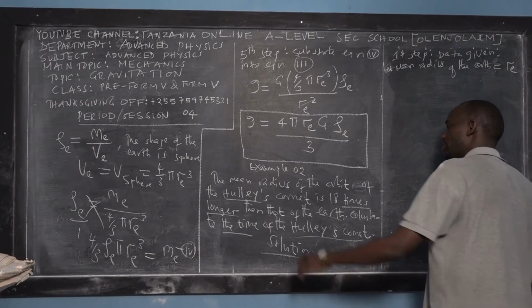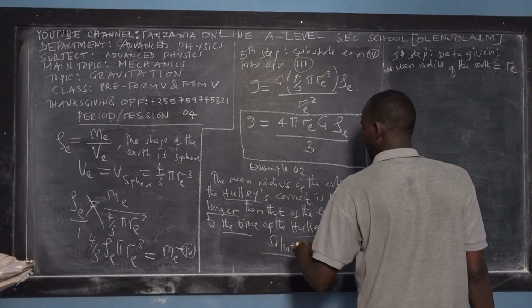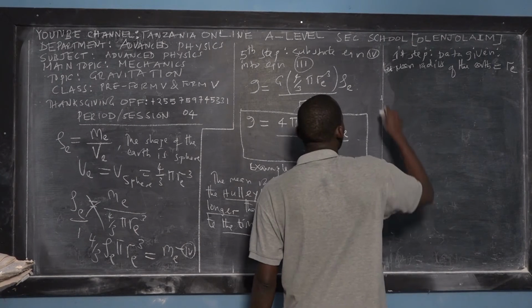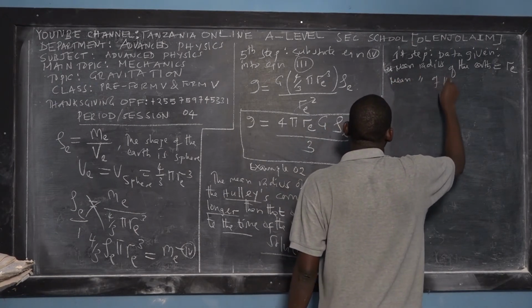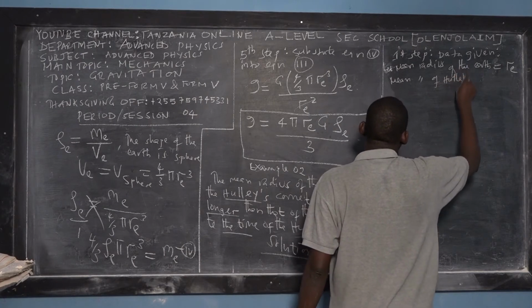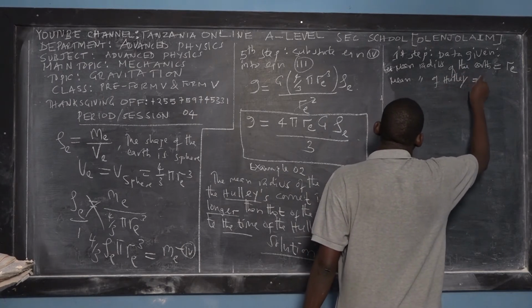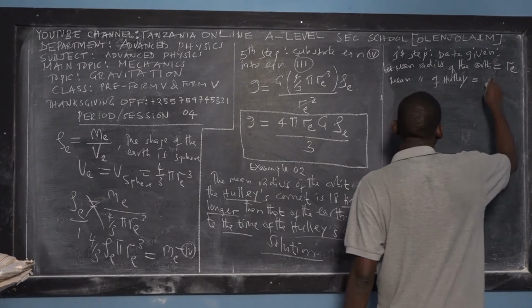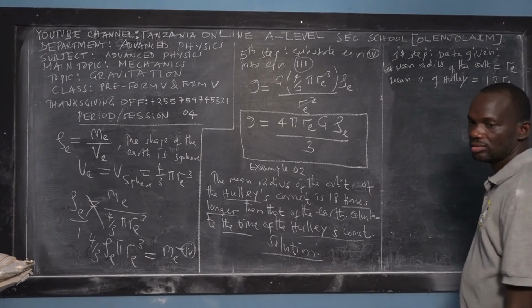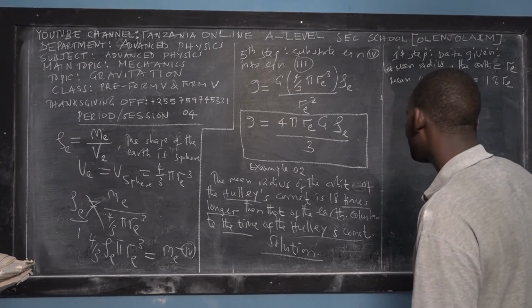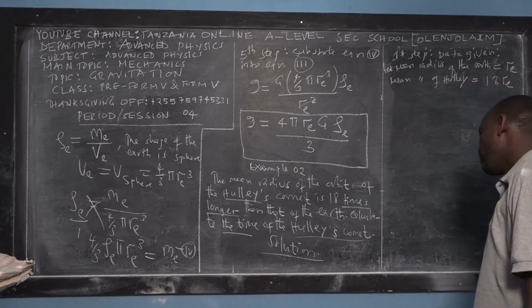And so, given that the mean radius of the orbit of Halley's comet is 18 times, we say that the mean radius of Halley's comet is equal to 18 times the radius of the S.